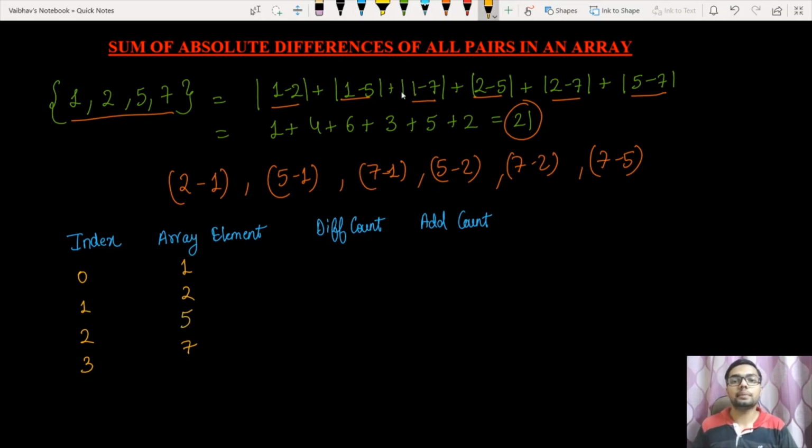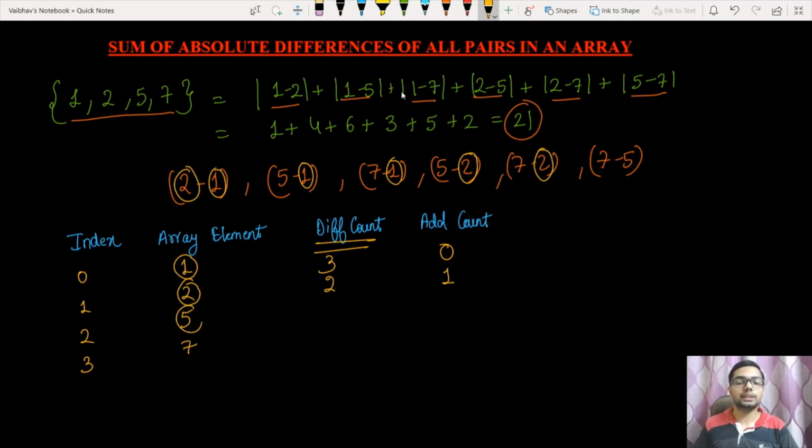Now we need to count the number of times each element has been subtracted. So we would see that 1 is being subtracted 3 times and it hasn't been added, so we would keep add count as 0. Now moving on to the next element, 2 is being subtracted 2 times and it has been added 1 time.